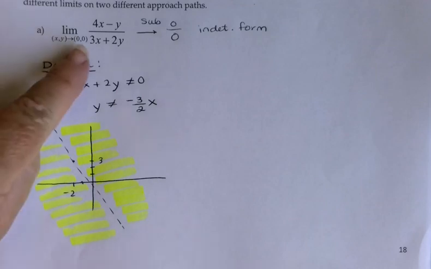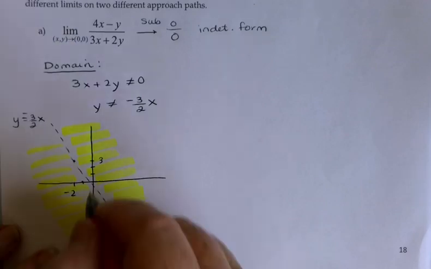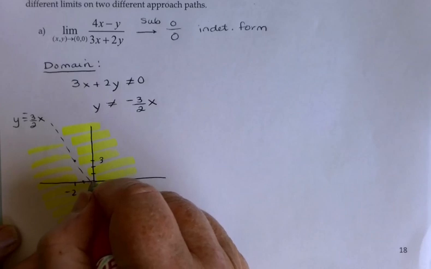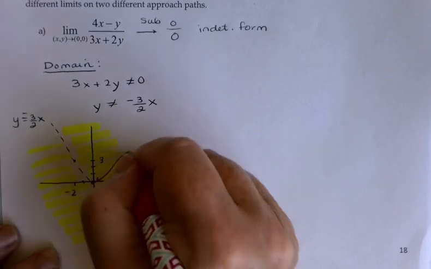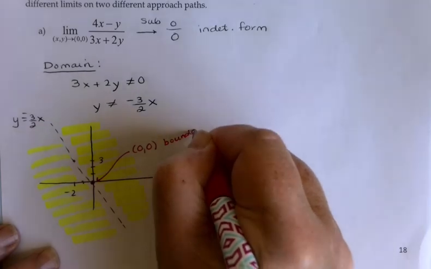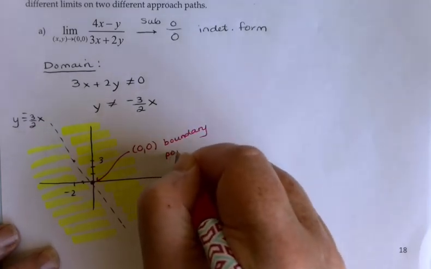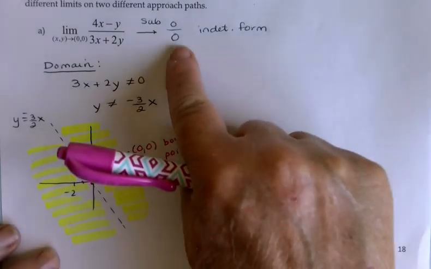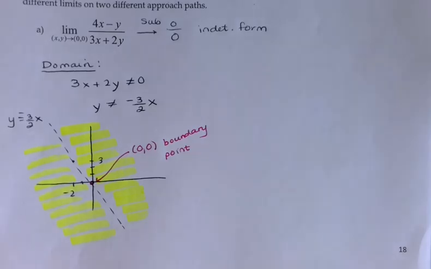And my goal is to approach the point 0, 0. So 0, 0 right here on my line is a boundary point. Not surprisingly, nothing great happened when we tried to substitute it in.